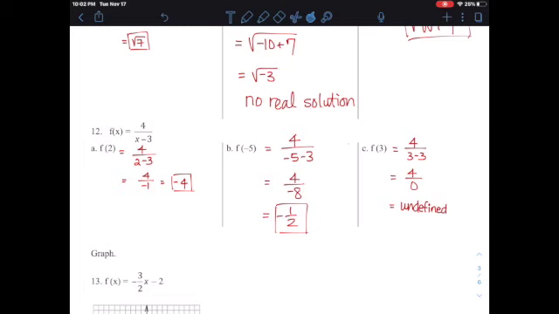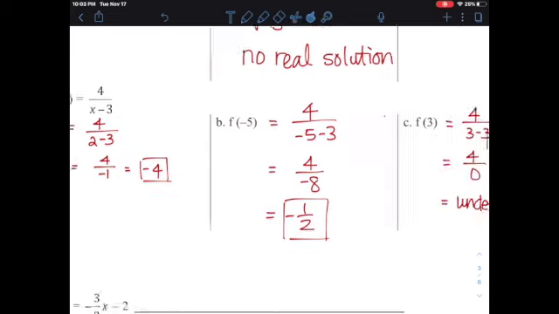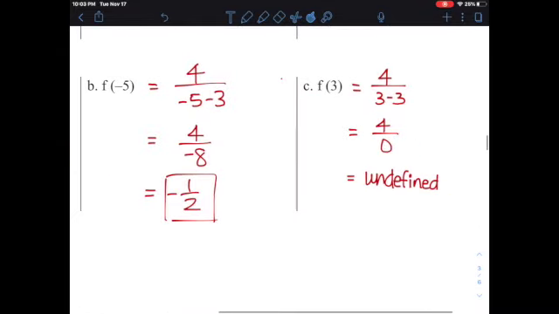So I think number 12a, just plug in the 2 where the x is, which is 2 minus 3. That's going to give you a -1. That should be pretty easy, 4 over -1. And the negative sign can be on top, on bottom, or just with the whole number, but you can only have one. So that one should be the same. Now, B is just going to be 5 on the bottom, -5 minus 3 is going to be -8.